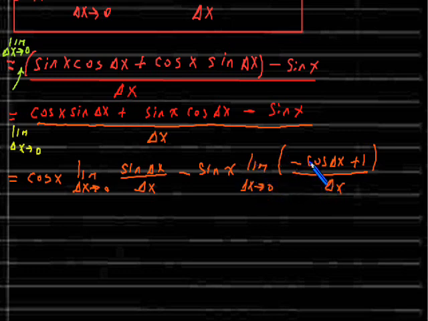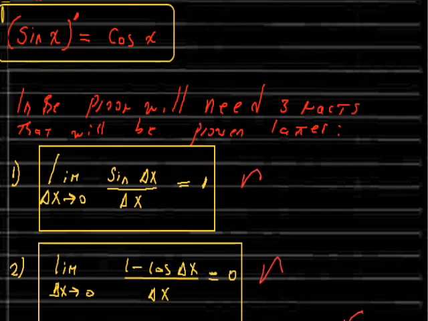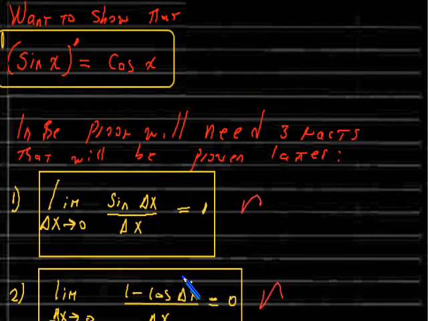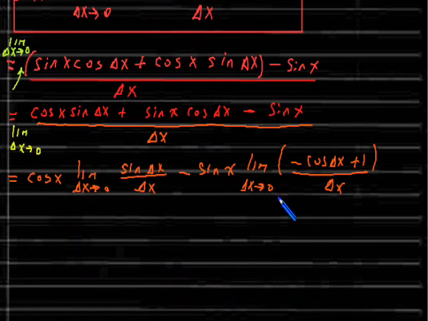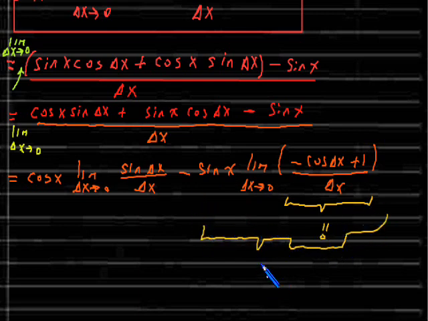Well, we know from over here that the limit as delta x approaches 0 of 1 minus cosine of delta x over delta x is equal to 0. So this is minus sine x times 0. Well, obviously this whole thing is going to be equal to 0.